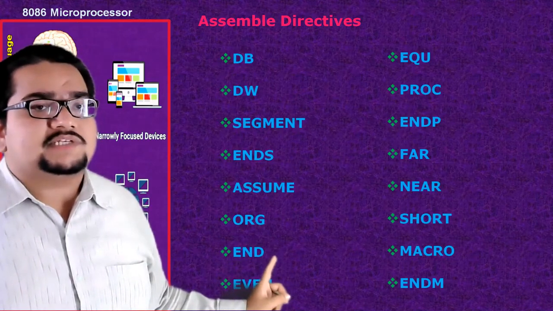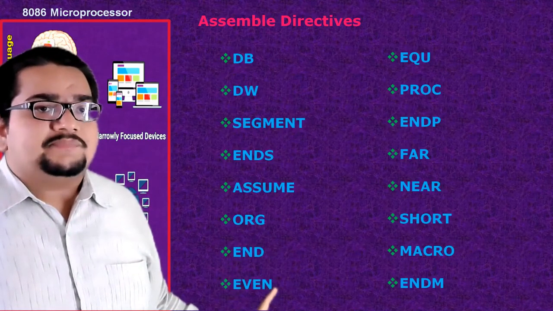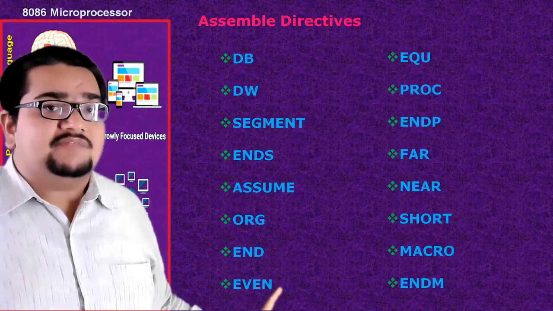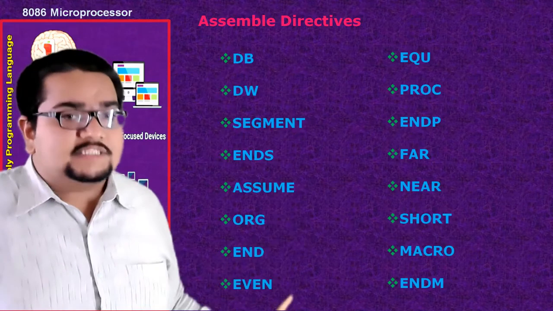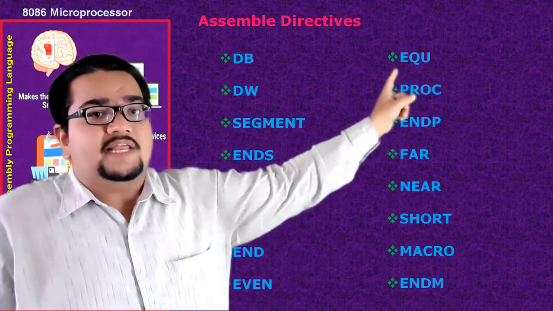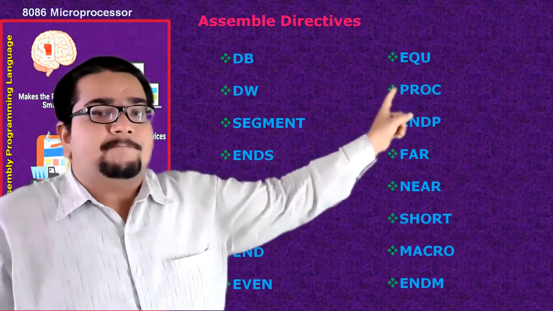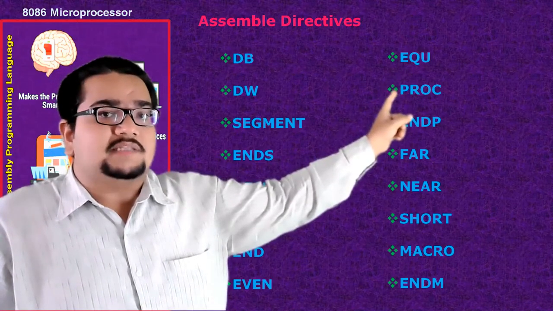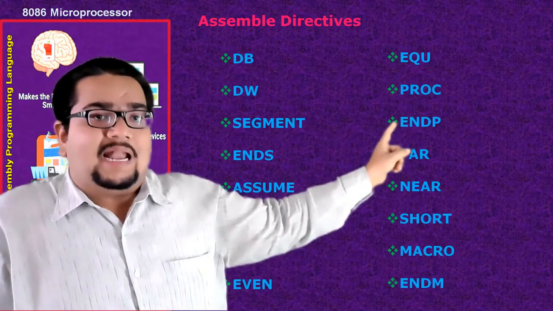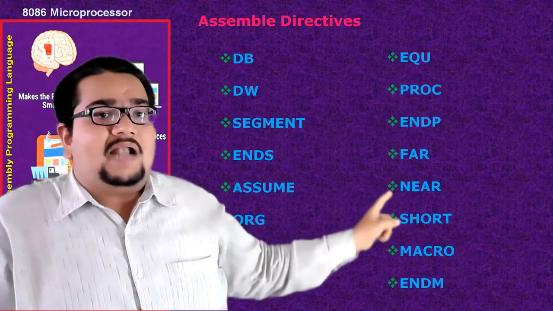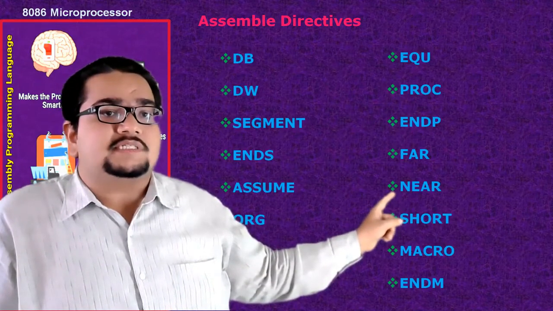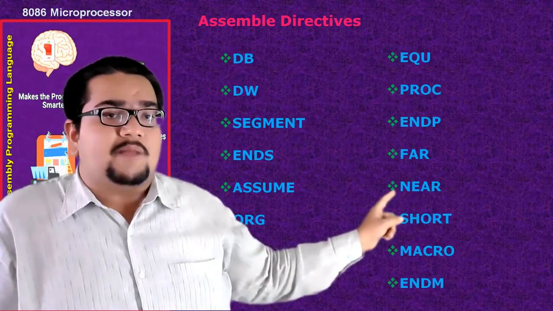END is a normal end instruction. EVEN is used for making the processor store the data at even addresses. What is the purpose, why is it so? We will see. EQU is used for equating the variables with values. PROC is used for starting the procedure. ENDP, which we pronounce as end P, is used for ending the procedures. FAR and NEAR are used for indicating the displacement of the procedure's instructions from the main program instruction.